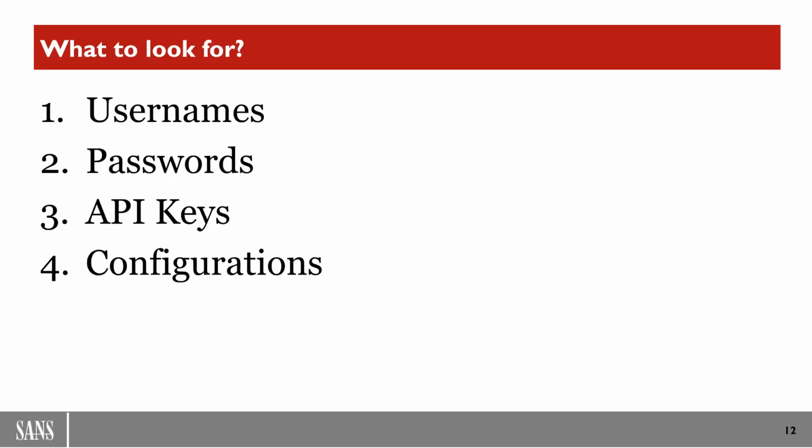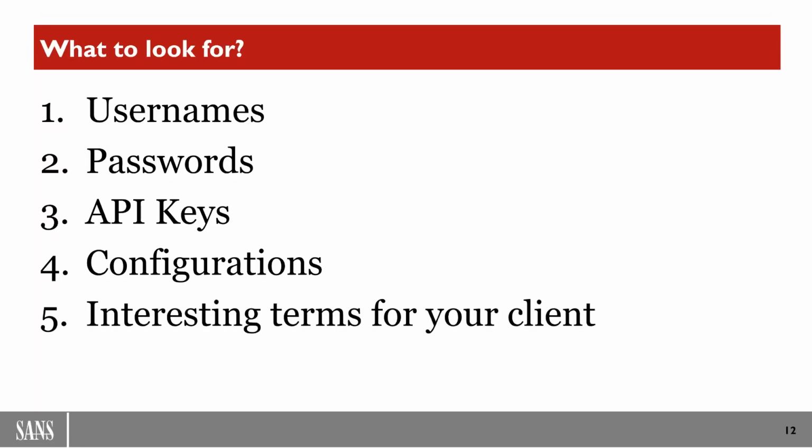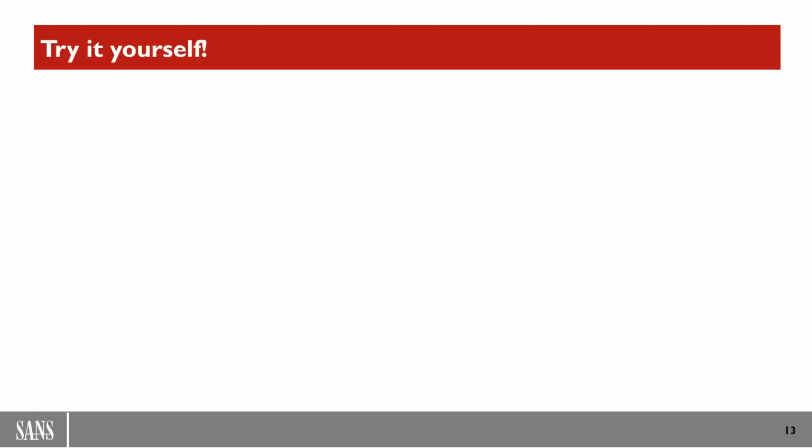So use your config files to enumerate your environments. And finally, look for interesting terms for your client. You know, because we're here at KringleCon, start looking for the naughty boys and girls list. Start looking for things like who's getting lumps of coal. So you'll be able to find interesting terms for your client based off of the reconnaissance that you've been doing.